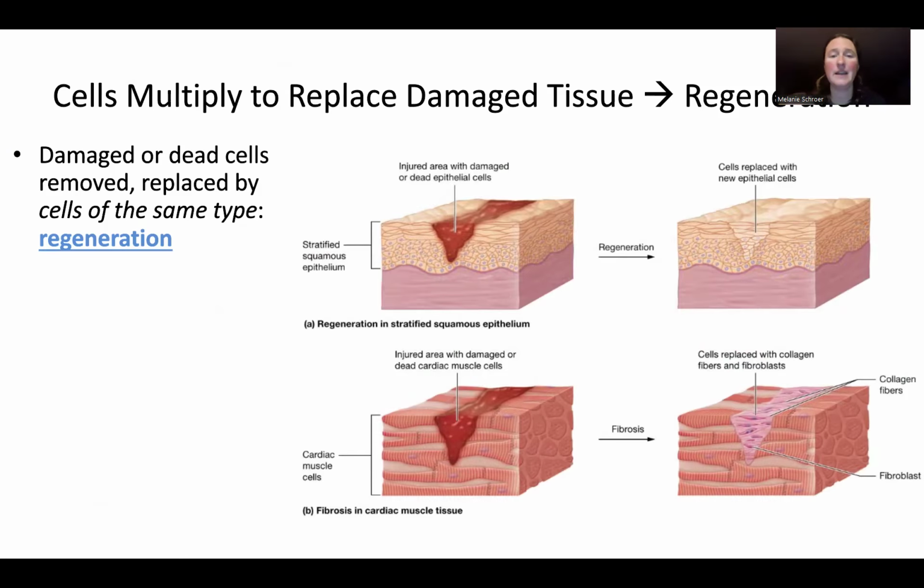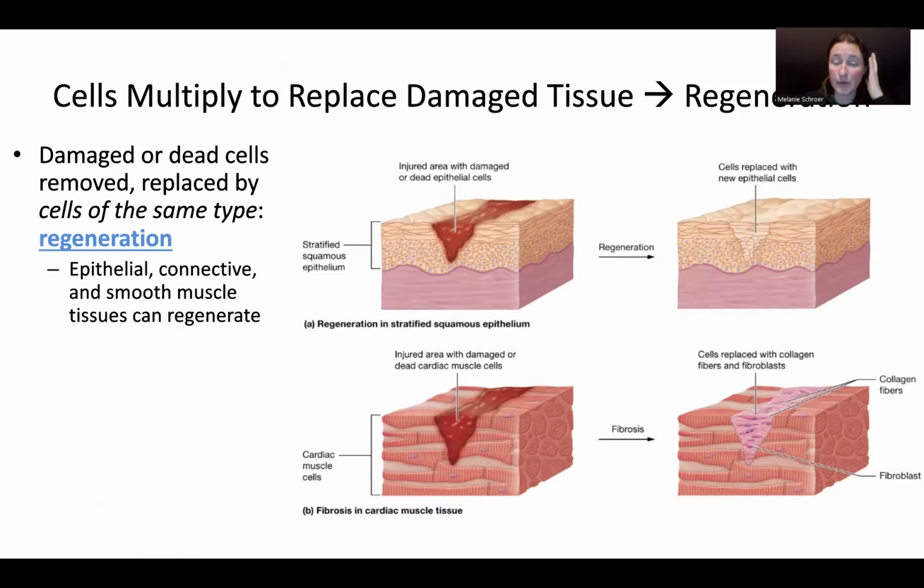And so in a tissue like epithelial tissue, like connective tissue, so these tissues within the skin, they are able to what's called regenerate. Okay. This gap, this damage is essentially filled in via mitosis and a little bit of restructuring of the damaged tissue.